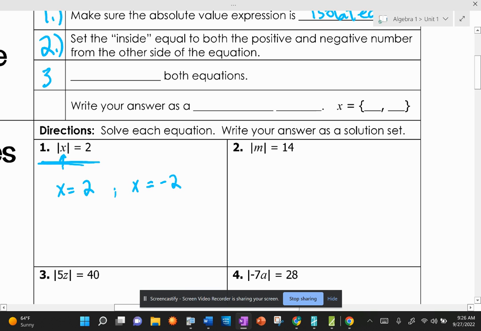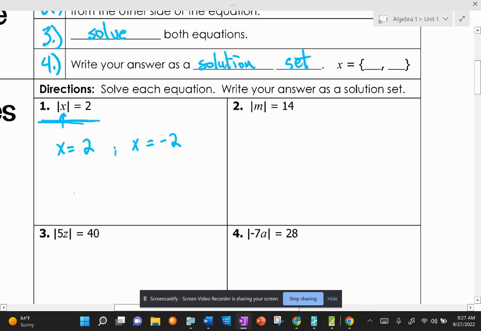Step 3 says to solve. On number 1 down here, there's not anything to solve because x is all by itself already. Then you're going to write your answer as a solution set, and I'll show you the notation for that. A solution set is going to say x is equal to, and then you are bracketing both of your answers.